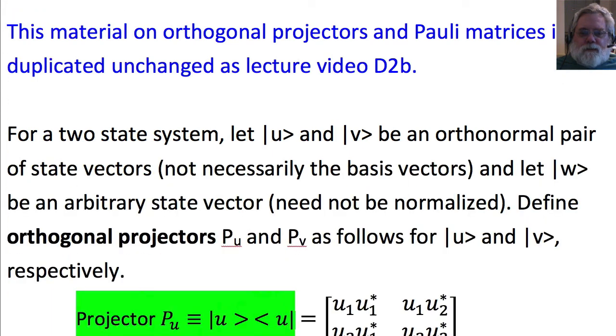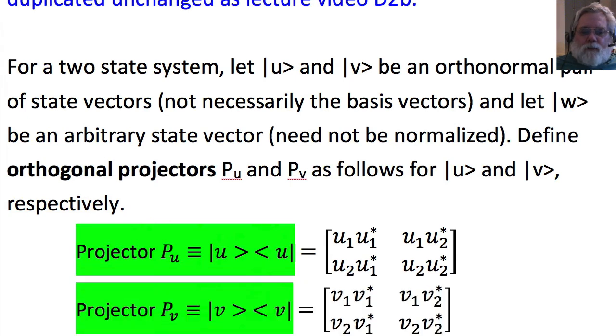For a two-state system, let ket u and ket v be an orthonormal pair of state vectors, not generally the basis vectors, just state vectors. And let w be an arbitrary state vector, not necessarily normalized. We're going to define orthogonal projectors, P sub u and P sub v, as follows for the state vectors ket u and ket v.